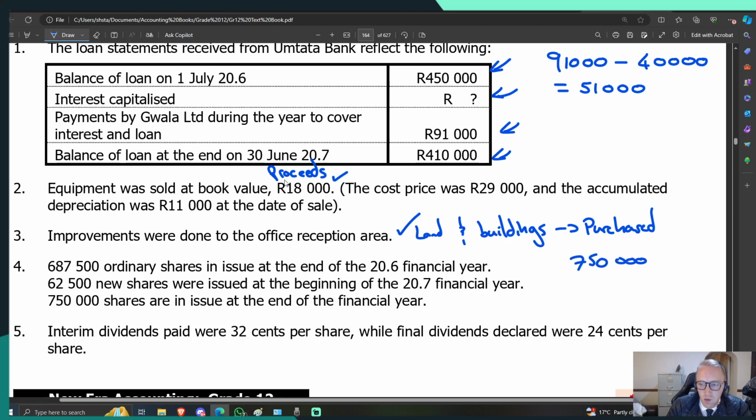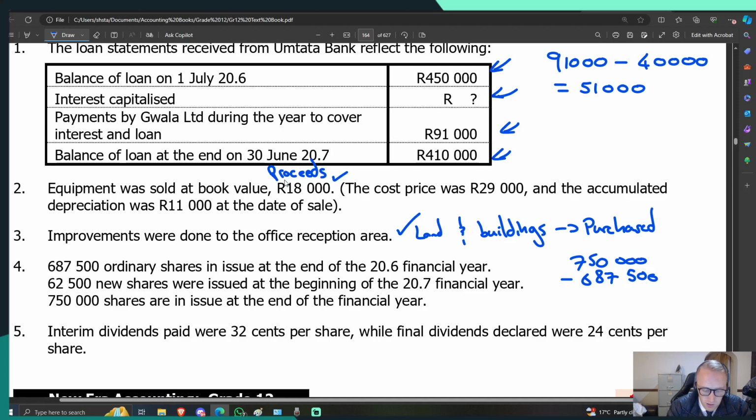We're going to minus the 687,500, and we're going to see if that is equal to the 62,500 new shares. All right, so I said rands for 687,500. It's not rands, it's number of shares. Let me just do a little calculation here.